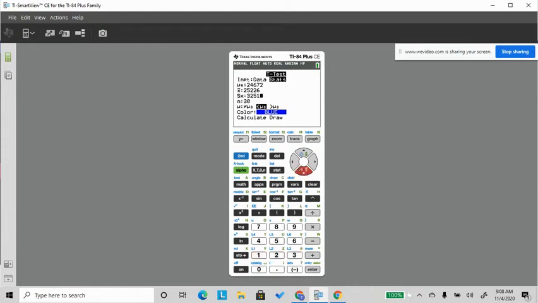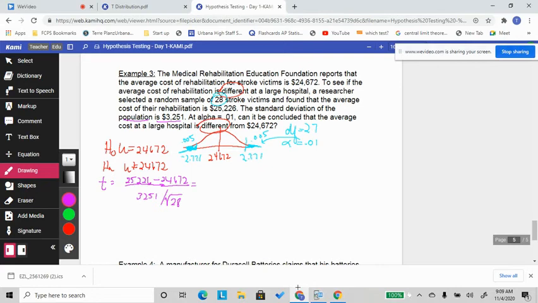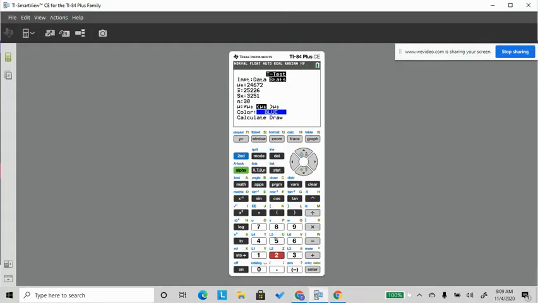Just making sure my stuff is okay. The sample size on this one was 28, and here we go.